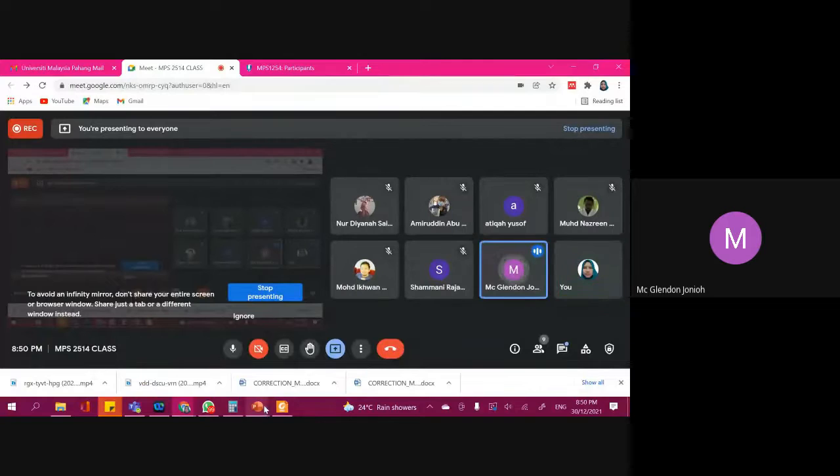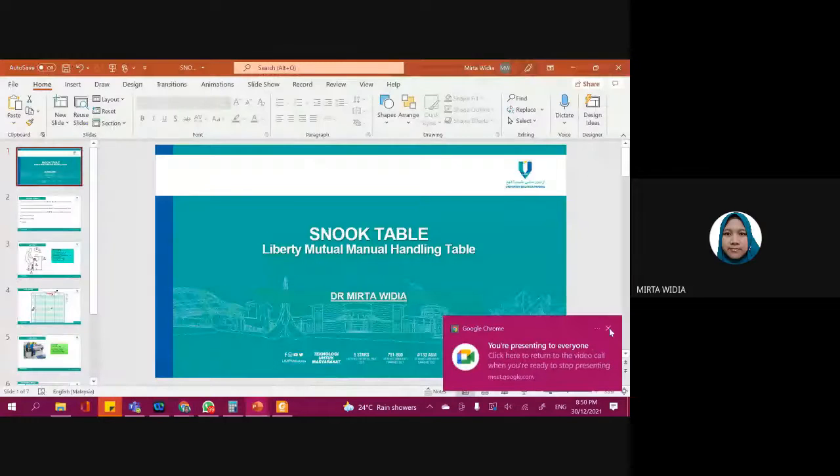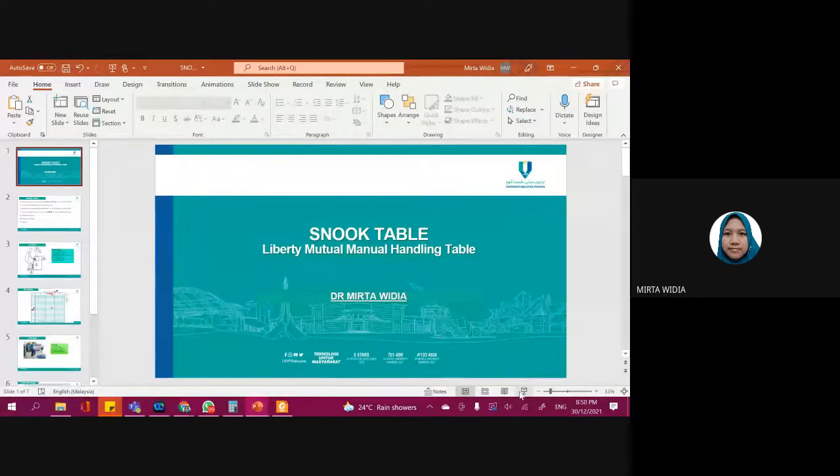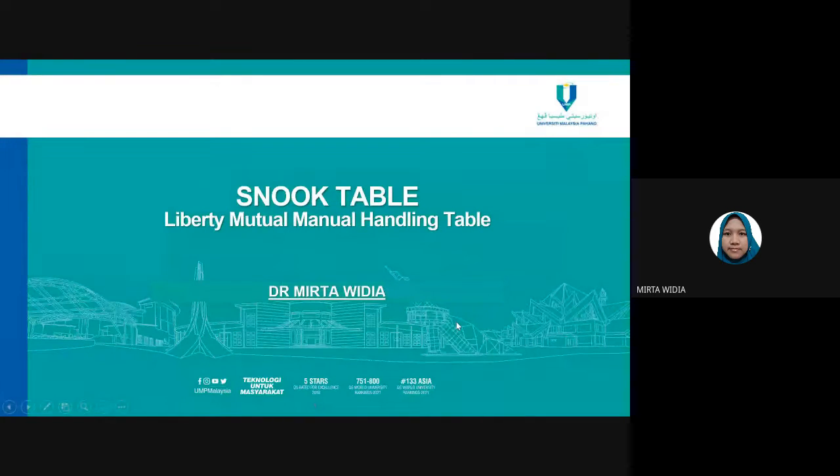Rasanya first time. Okay. Degree didn't learn the Snook table, because for this master class, we focus more on advanced ergonomic risk assessment, while a degree maybe goes only until the initial ergonomic risk assessment and a little about RULA and REBA. But for master class, we give more on the advanced ergonomic risk assessment tools.